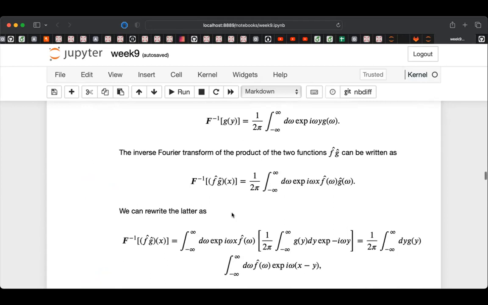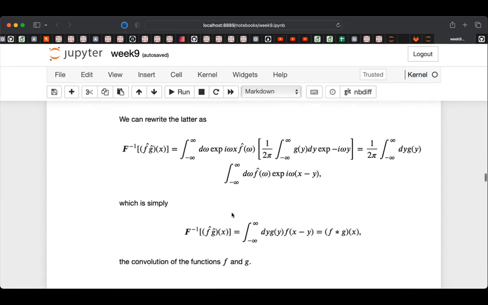If we have two functions which have been Fourier transformed, f hat and g hat, the inverse of that can be rewritten as a convolution of the original functions f and g before you perform the Fourier transform. And I guess this is something you may have seen in mathematics courses in previous years of study in your bachelor degrees, for instance.